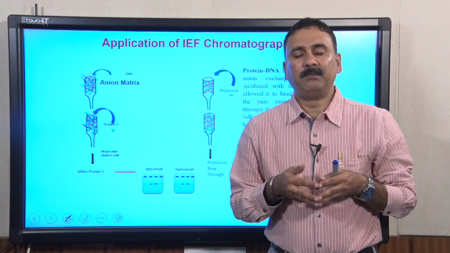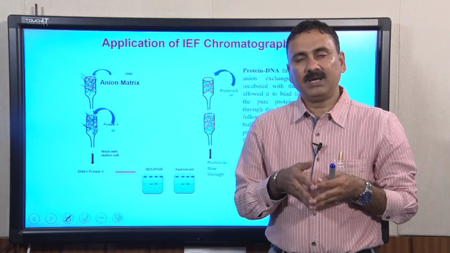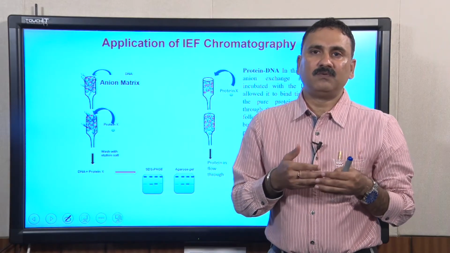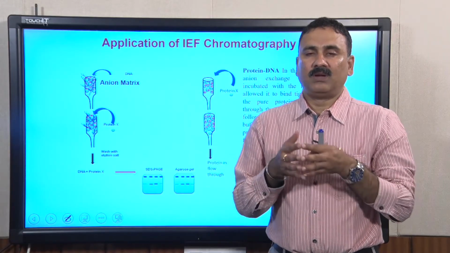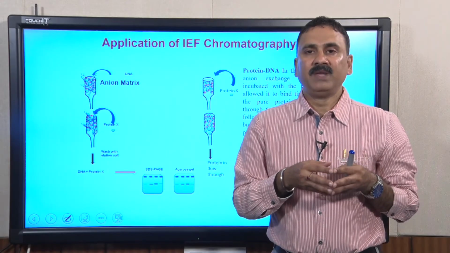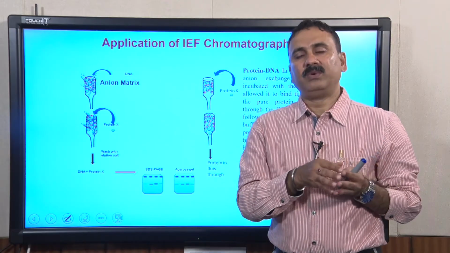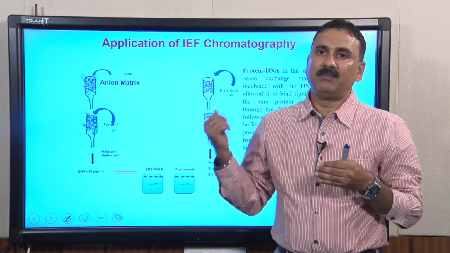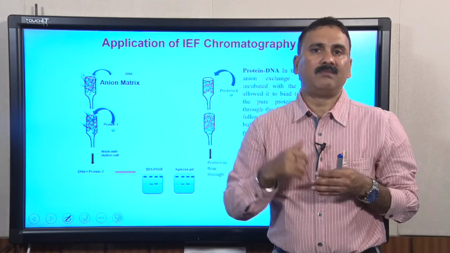We have taken an example of the interaction of DNA and RNA, DNA and protein, but this could be replicated with a little optimization for any two biomolecules, in which the criterion is that one of the biomolecules should have affinity for a particular type of ion exchange matrix, whether cation exchange or anion exchange, and the other biomolecule should not have direct affinity for that matrix.